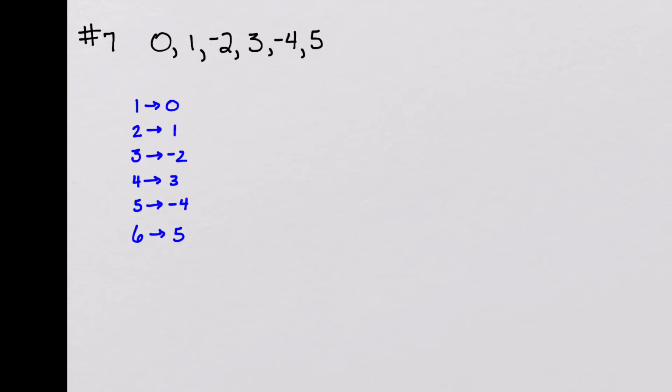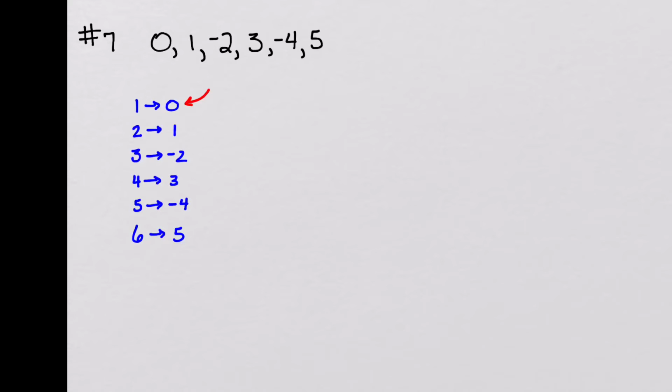I see that we do have some alternating of signs, and you might think, well, 0 doesn't have a negative on it, but it's 0. If it was -1 times 0, then we would have 0 anyway, so that doesn't matter.